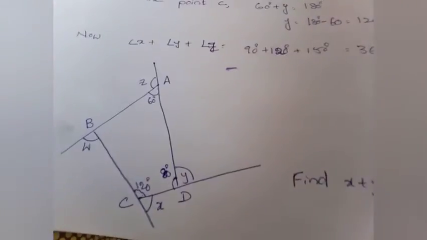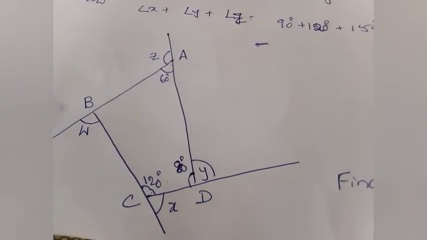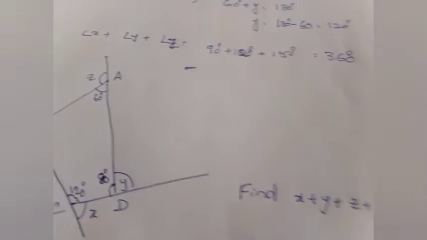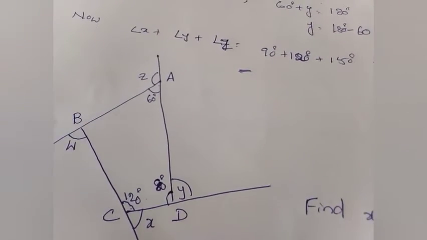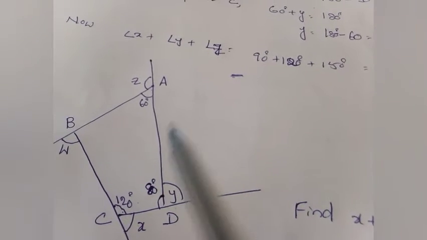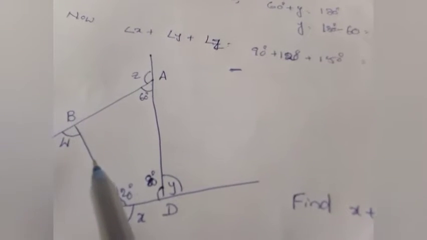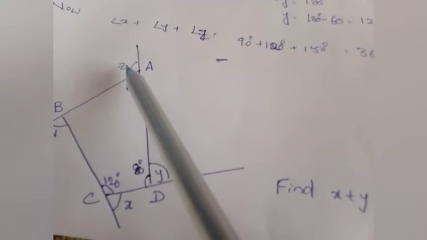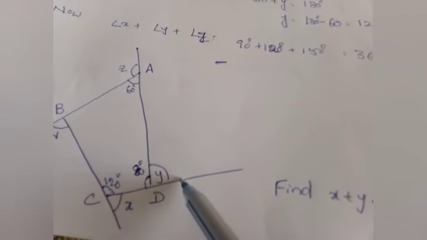Come to the next one. This is the diagram they gave. Find x plus y plus z. We have to find the values of x, y, z and w. See here, these are all exterior angles: x, y, z and w. The total is 180 at each point. So if you subtract, we will get the value of z. The total is 180.